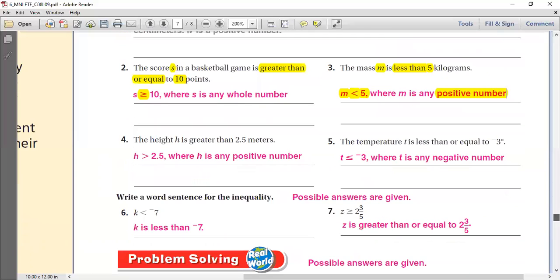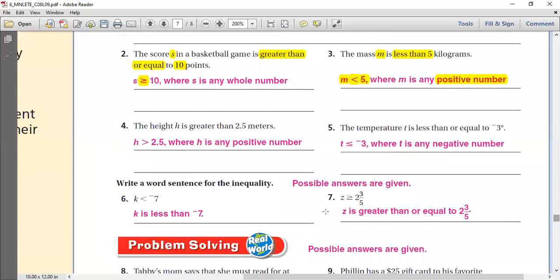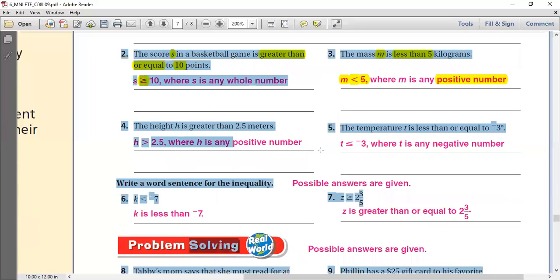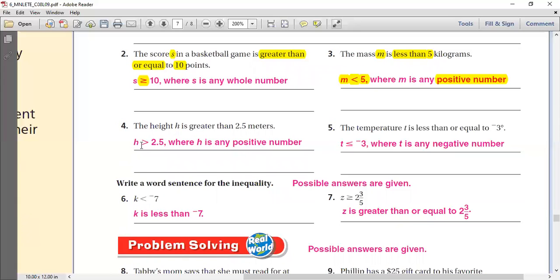Okay, number 4. We have the height h is greater than 2.5 meters. Now again, you think, can the height be negative or positive? Can we say the tree is minus 3 centimeters tall or minus 3 meters tall? We cannot say any height in negatives, right? So it has to be a positive number. How are we going to write the inequality here?